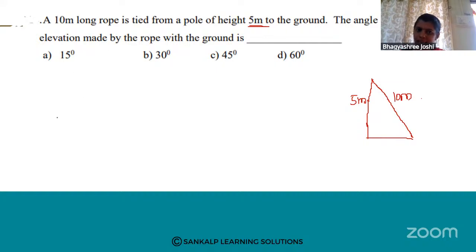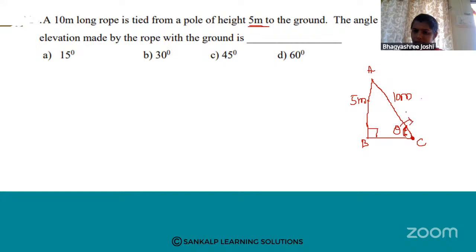The angle of elevation made by the rope with the ground. At this point, this is the rope and this is the ground. So here it makes an angle of elevation. If you consider this is A, this is B, this is C, at point B it makes an angle 90 degree and this is theta. Here we want the angle of elevation.